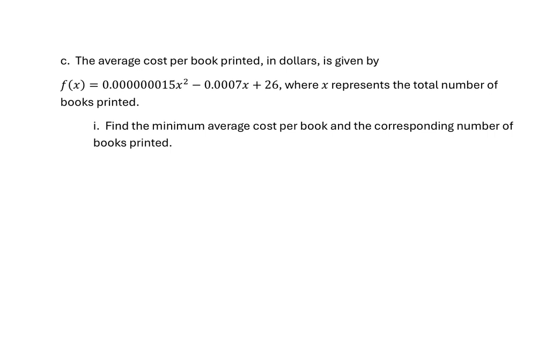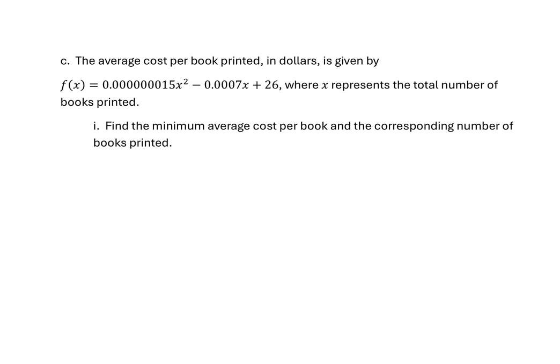All right, for part C, we have a very nasty equation. But remember that we're still going to just go ahead and do everything that we were doing previously. So for this one, we have the average cost per book printed in dollars is given by f of x equals, I'm not going to read it out loud, where x represents the total number of books printed.